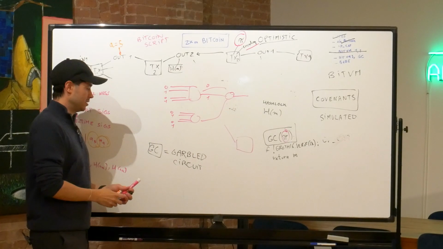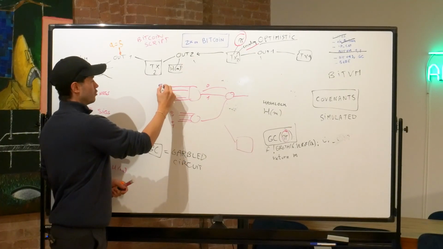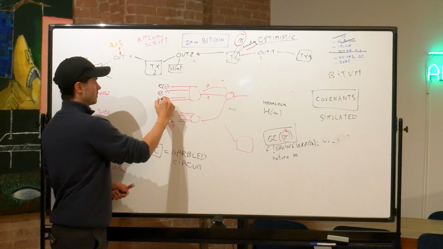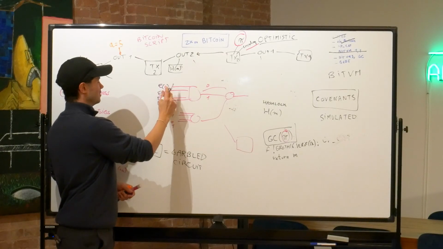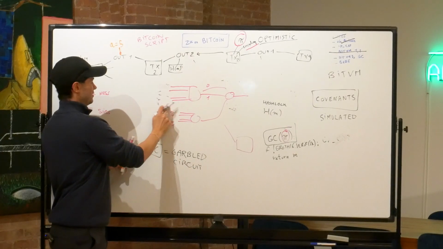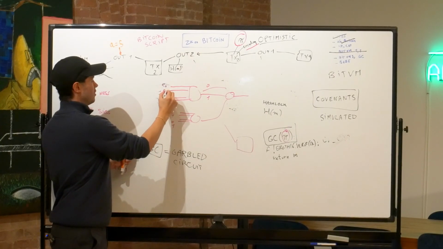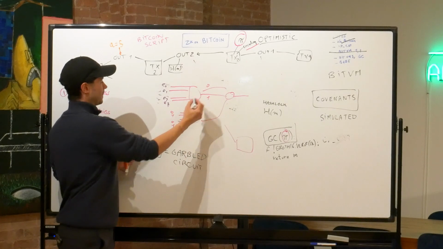And basically what they do, when I garble the thing, let's say I encrypt all of these things. Maybe I replace it with some garbage. So it's like E0, E1, E2, E3.